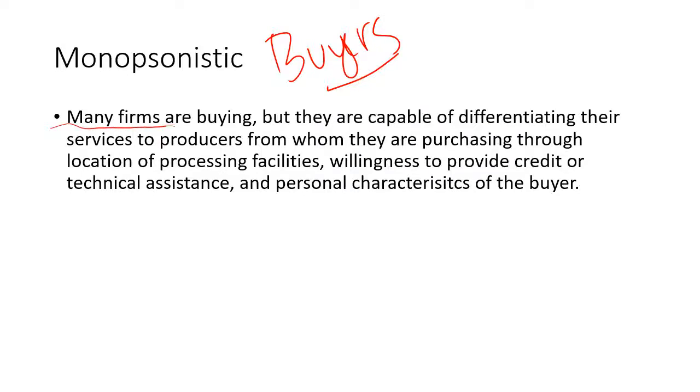Monopsonistic is the market structure where many firms are buying, but they are capable of differentiating their services to producers from whom they are purchasing by the location of processing facilities, their willingness to provide credit or technical assistance, and personal characteristics of the buyer. So there are a lot of buyers, but they differentiate themselves. That is similar to the second tier of market sellers that we talked about earlier in the chapter.